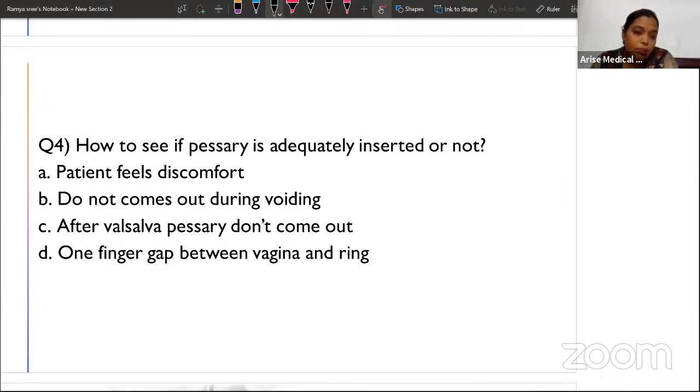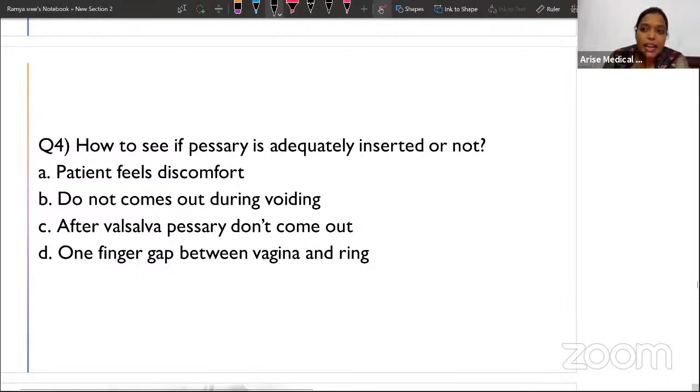The patient feels discomfort; it does not come out during voiding; after Valsalva, the pessary doesn't come out; one finger gap between the vagina and the ring. What should be the answer for this?